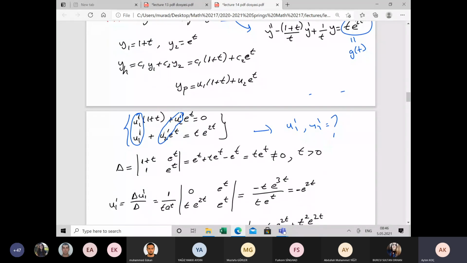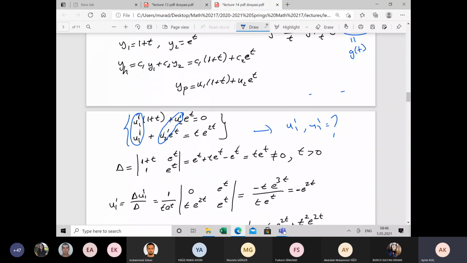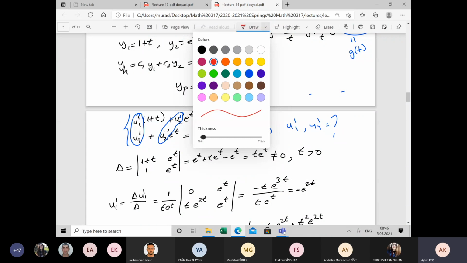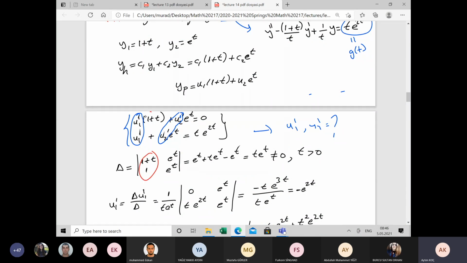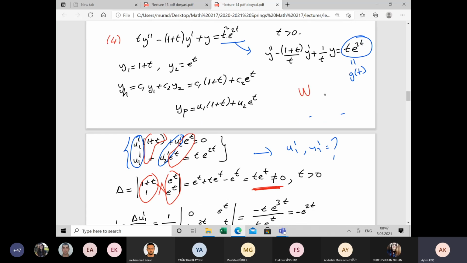Write the coefficient matrix, denoted by delta. Computing this, we obtain t e to the t, not 0. As homework, compute the Wronskian of y sub 1 and y sub 2, the determinant of y sub 1, y sub 2, y sub 1 prime, y sub 2 prime.